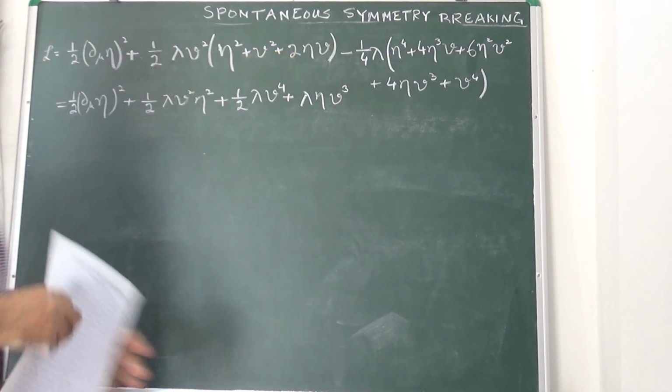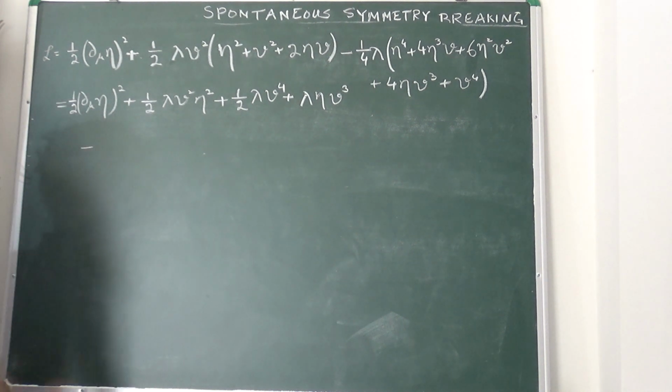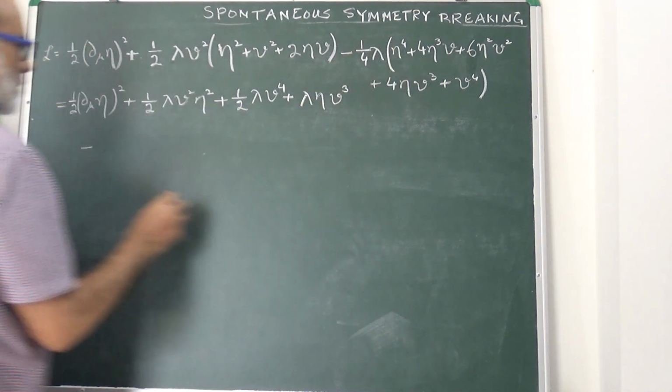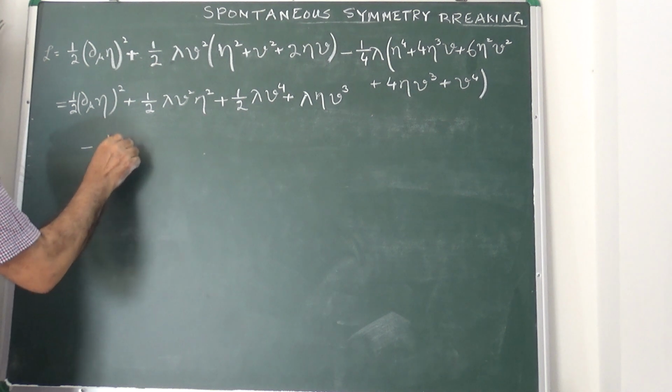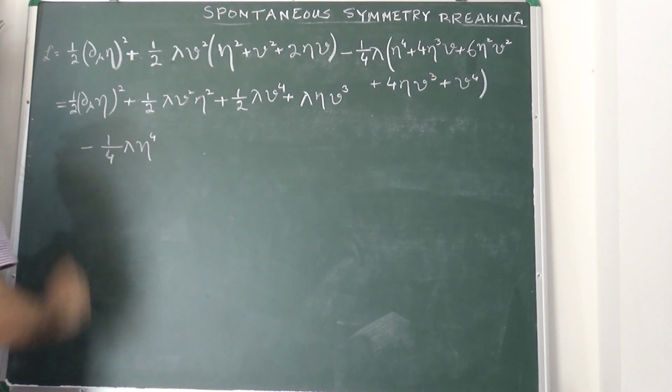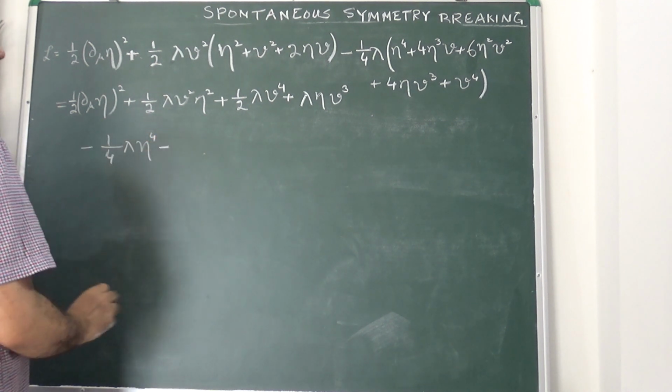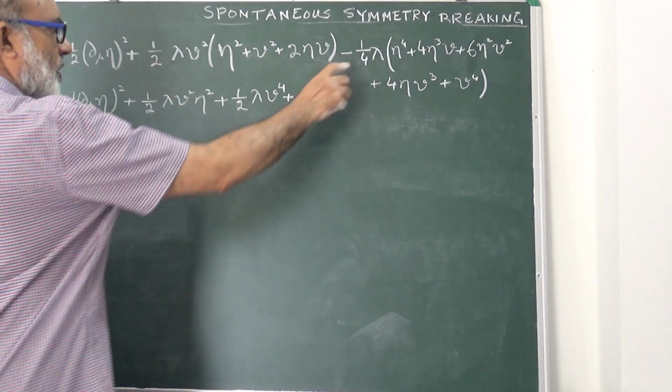Now this here, minus 1 by 4 lambda eta to the power 4, minus... the 4 cancels out.